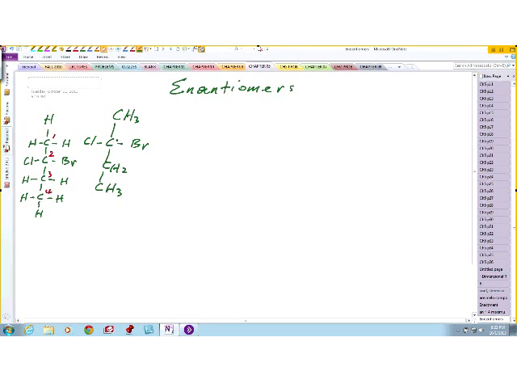Now, if we want to write the 3-dimensional representation involving this carbon and the groups attached to it, what does it look like? You have that carbon. We have the methyl group. We have the ethyl group.